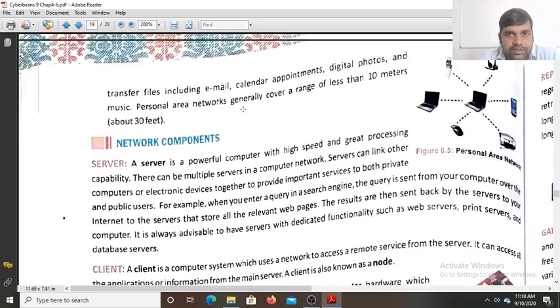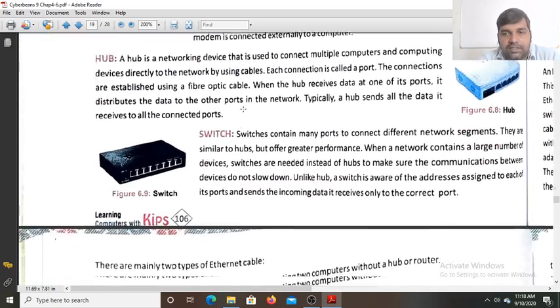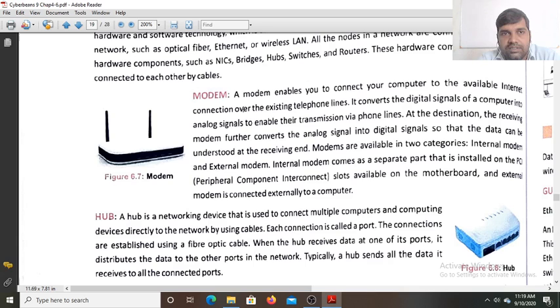One minute. Let me see the page number. Yes, page number 106.